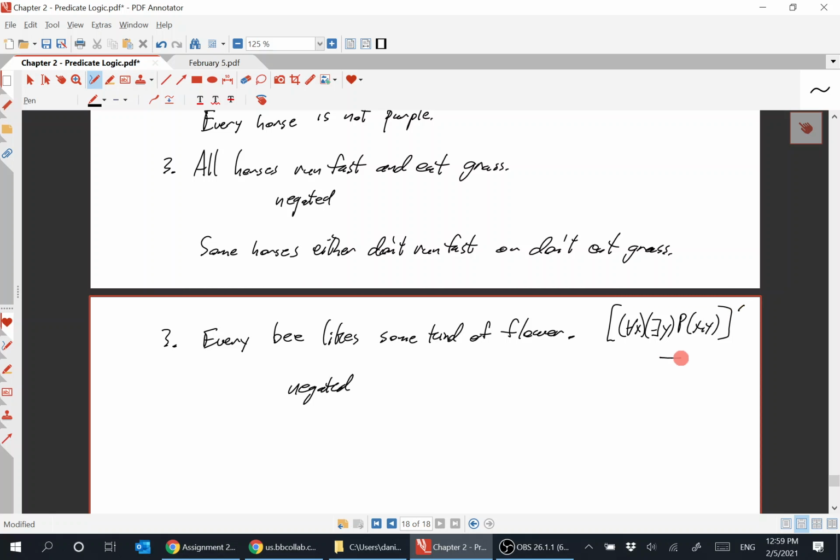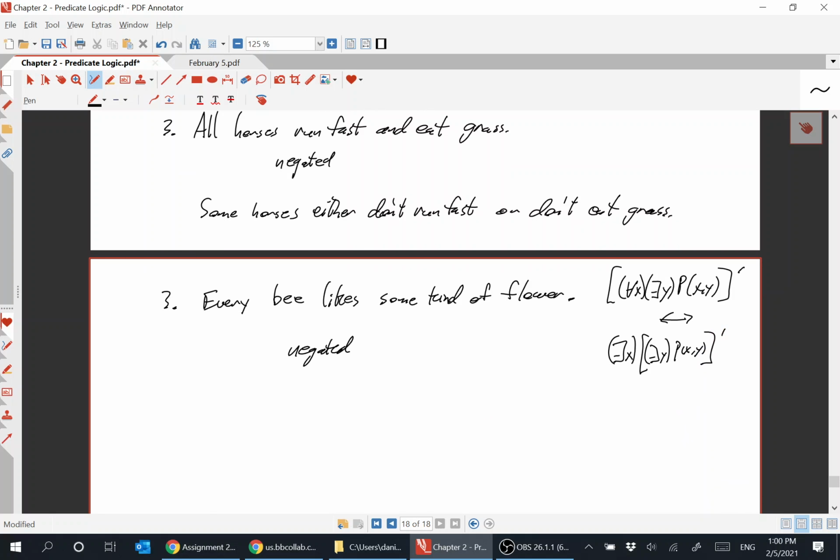Now we're going to negate it. De Morgan's law says to do what? What does De Morgan's law say? This is a universally quantified statement. Every bee does something. So when you negate it, it becomes there exists X such that this isn't true. So this is for every X, something.